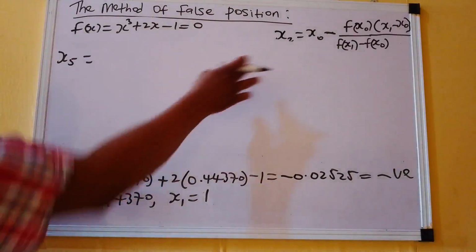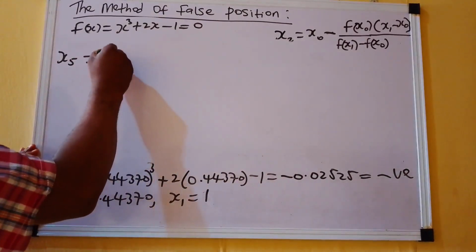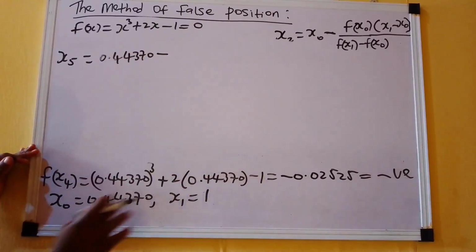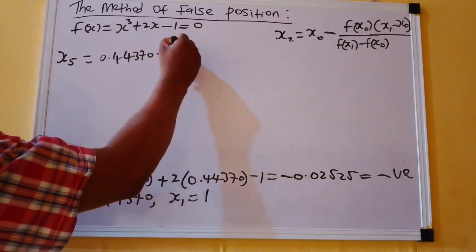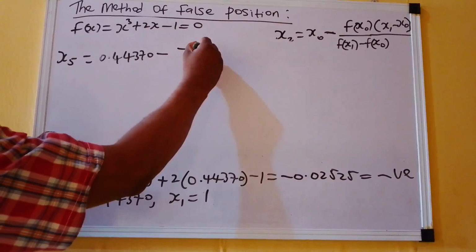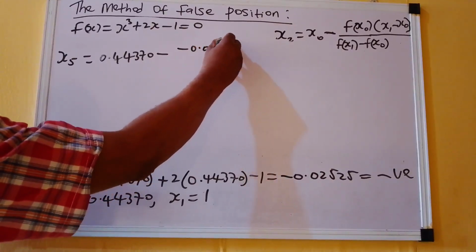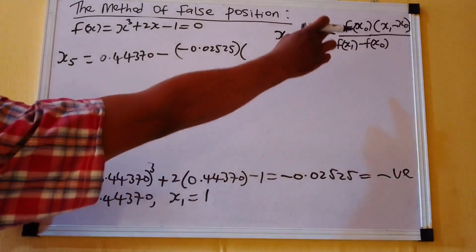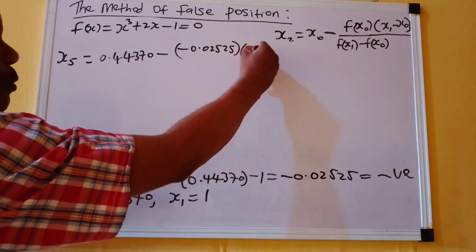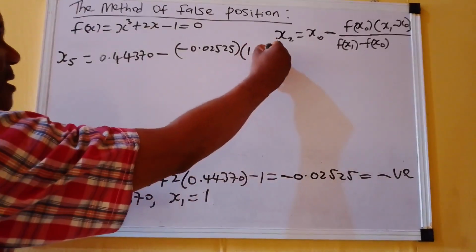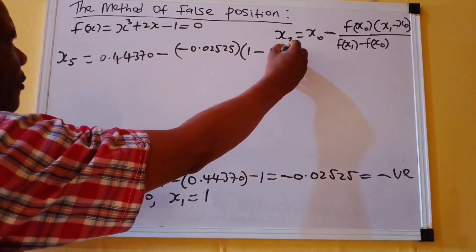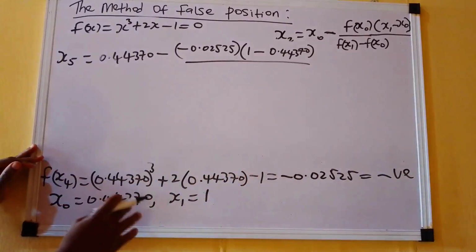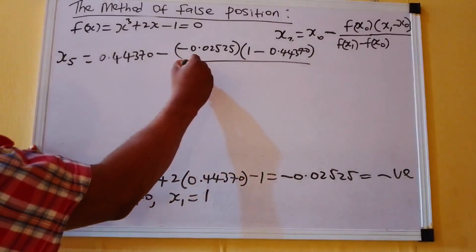So now our x0 is 0.44370 minus, then of course our f of x0 is minus 0.02525. Then our x1, that is x1 minus x0, is 1 minus 0.44370 all over f of x1, of course, is 2.